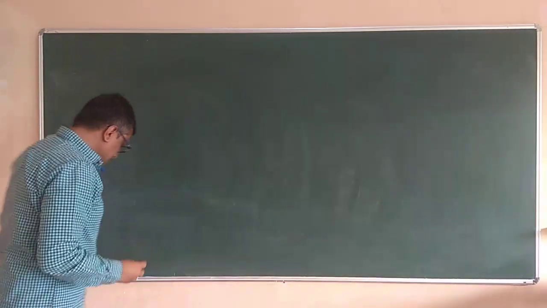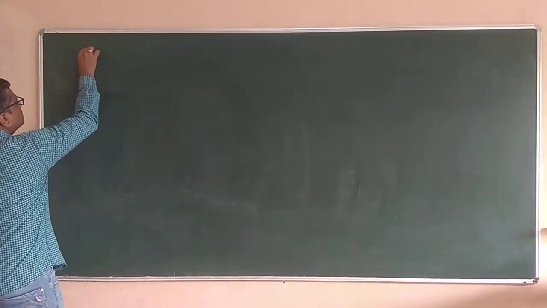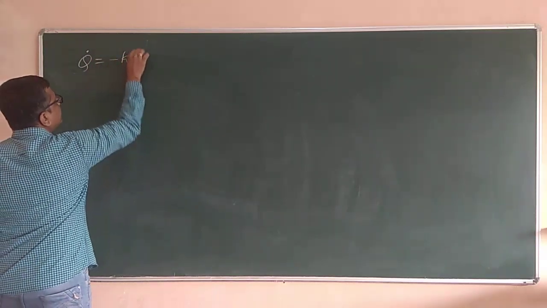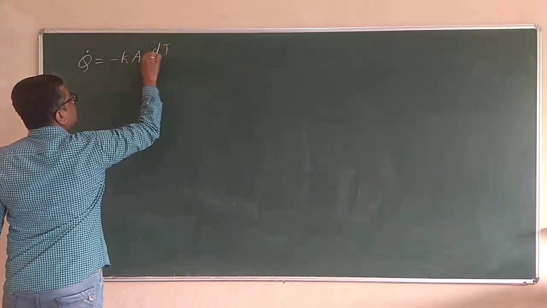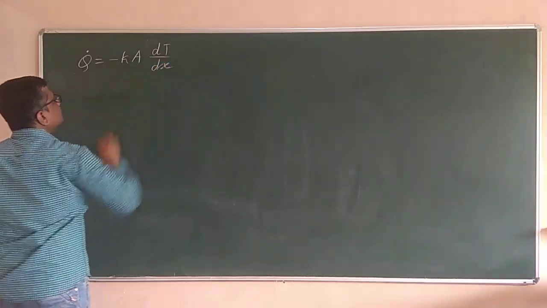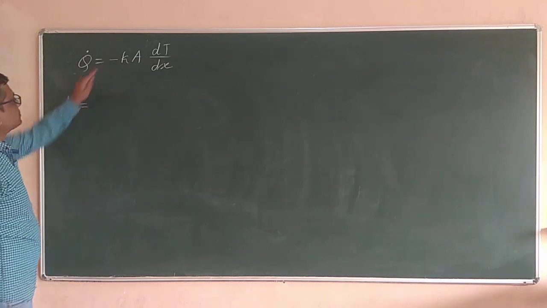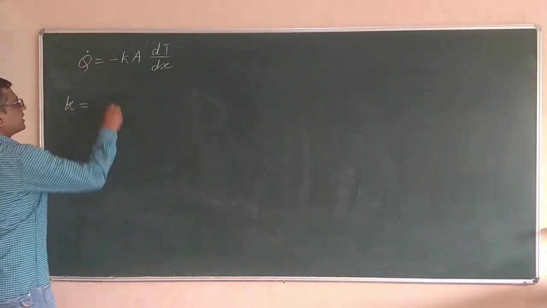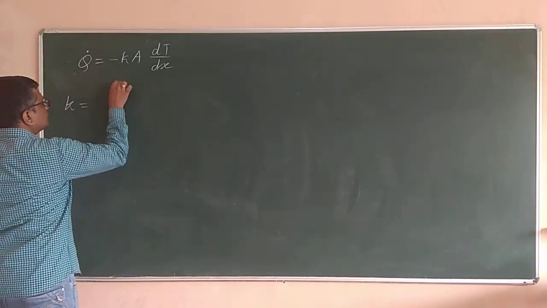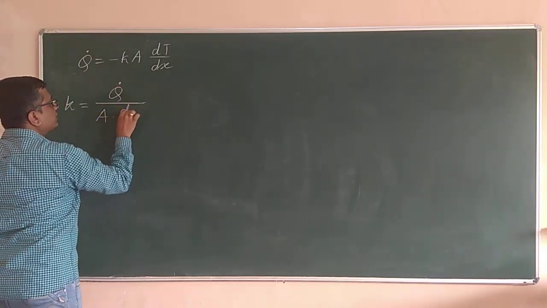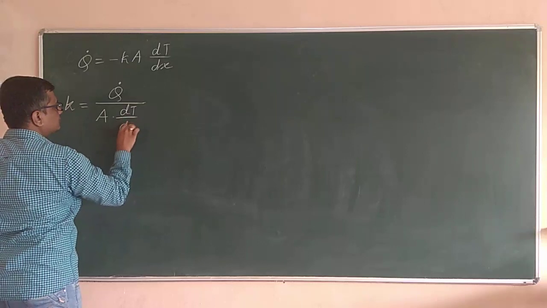I will go for the same equation of Q dot, that is the Fourier's equation of heat transfer. It is Q dot equals minus K A dT by dx. So if I take the equation for K, skipping the negative sign, I will get K equals Q dot divided by A divided by dT by dx.